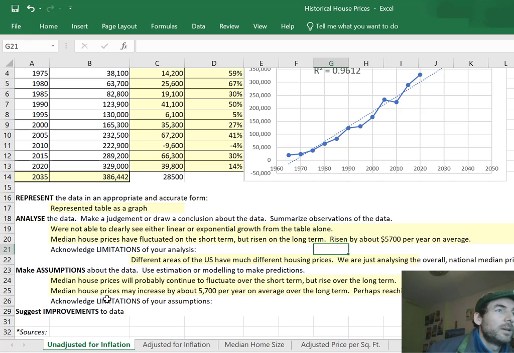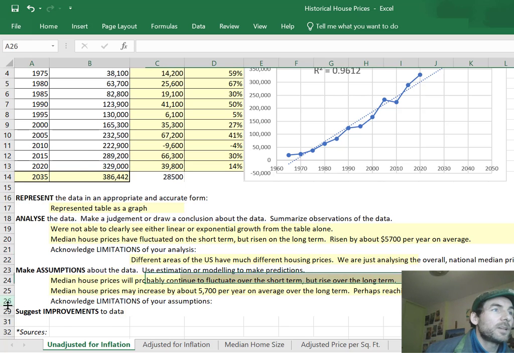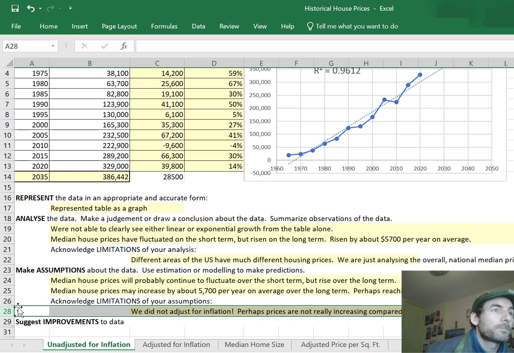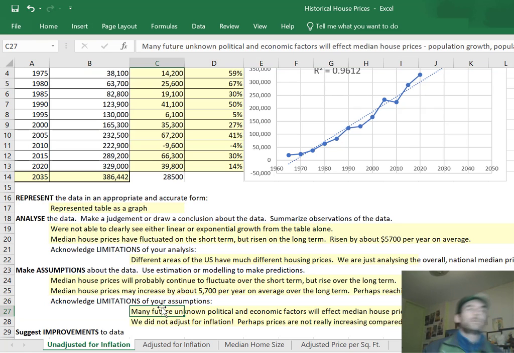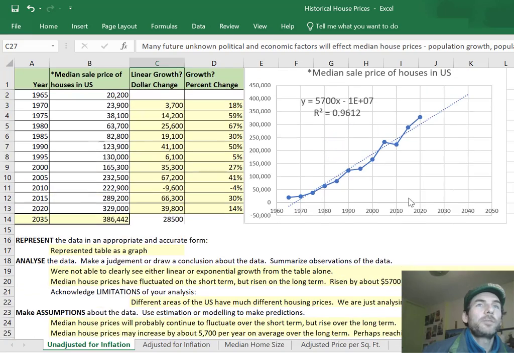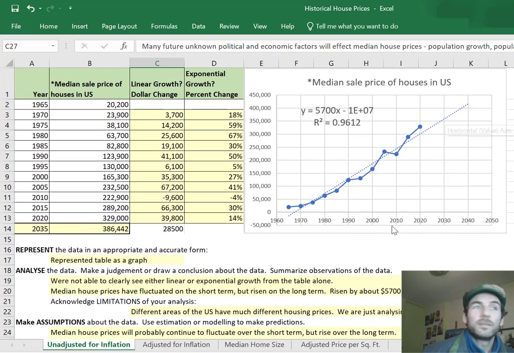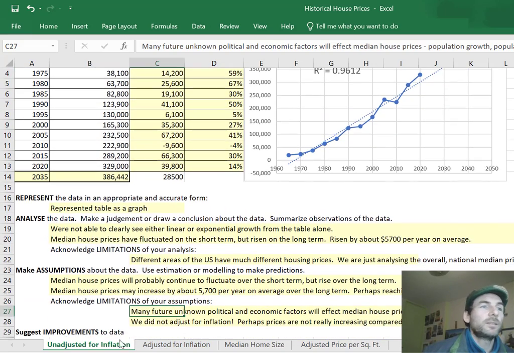Okay. Now, limitations of our assumptions. So, future house prices are very hard to predict, right? There could be different interest rates from the Federal Reserve, which means different interest rates from banks, which means less people getting mortgages, which affects things.